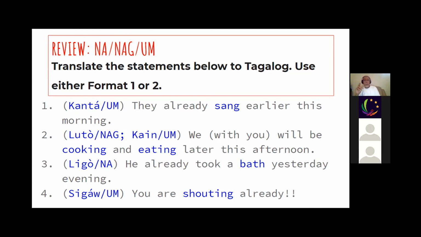You know, there's two ways of saying yesterday evening. You could say kahapon ng gabi, or what is the other one? Do you remember? Kagabi. Kagabi. It's a shortened version of kahapon ng gabi. You just say kagabi. All right.